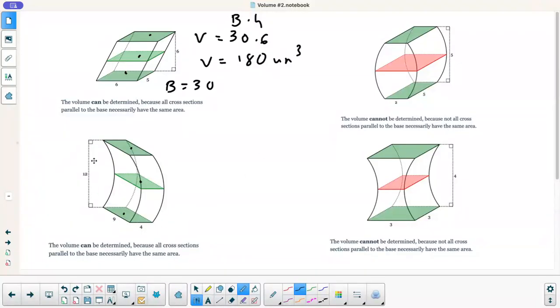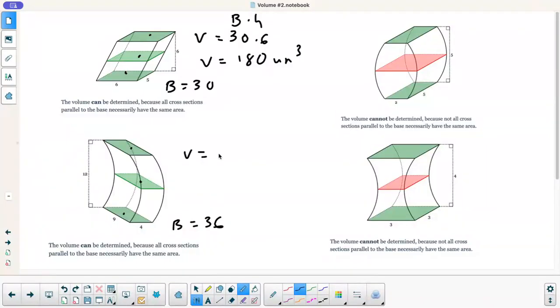Same thing here. Your height is perpendicular. It's not this curved distance. That's not your height. So the area of the base here is 36.